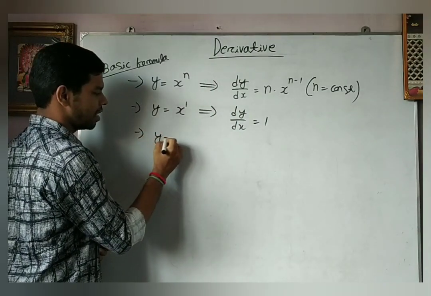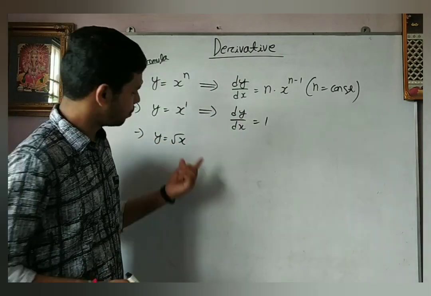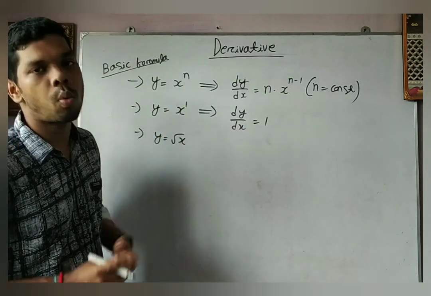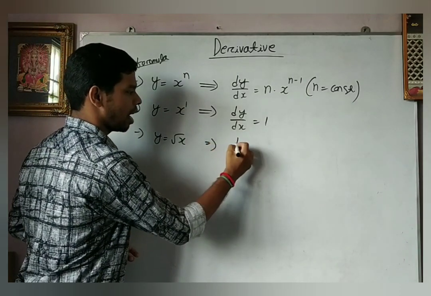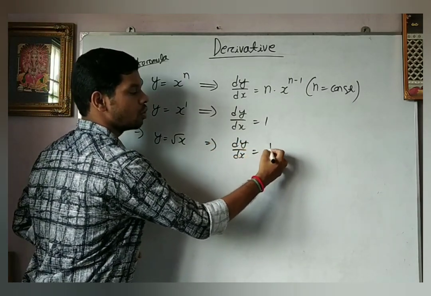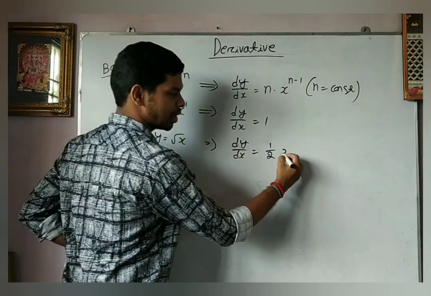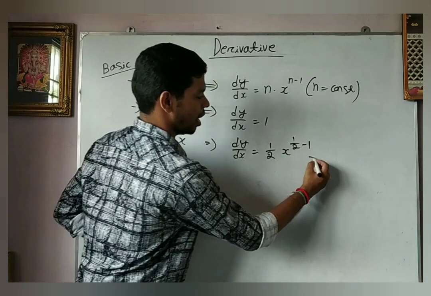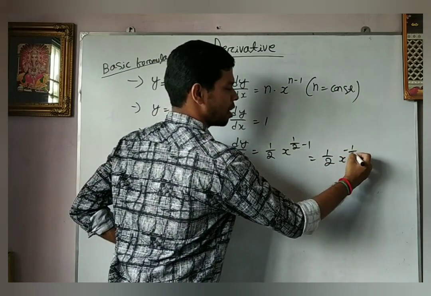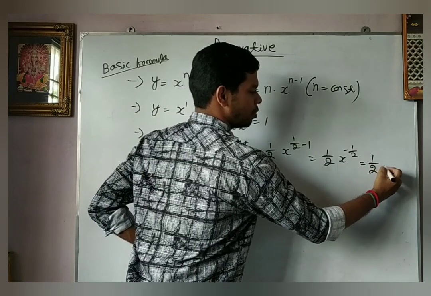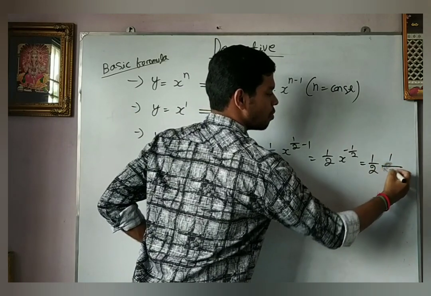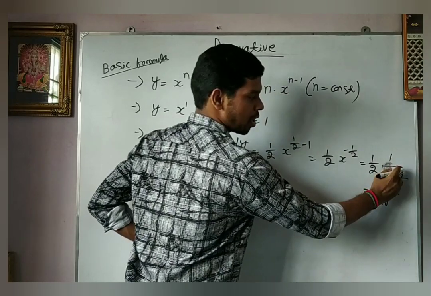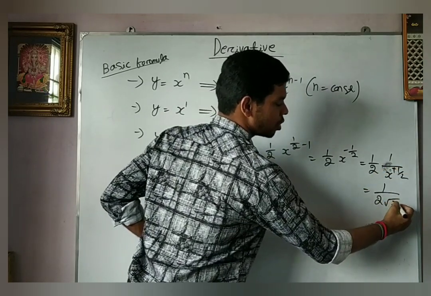Next, the derivative of root x. If you compare this function with this formula, n equal to 1 by 2, and dy by dx equal to 1 by 2 times x to the power 1 by 2 minus 1, and 1 by 2 times x to the power minus 1 by 2, which is 1 by 2 times root x.